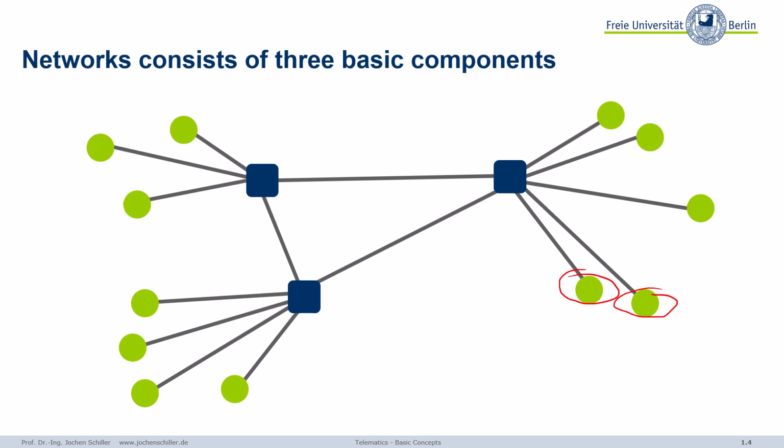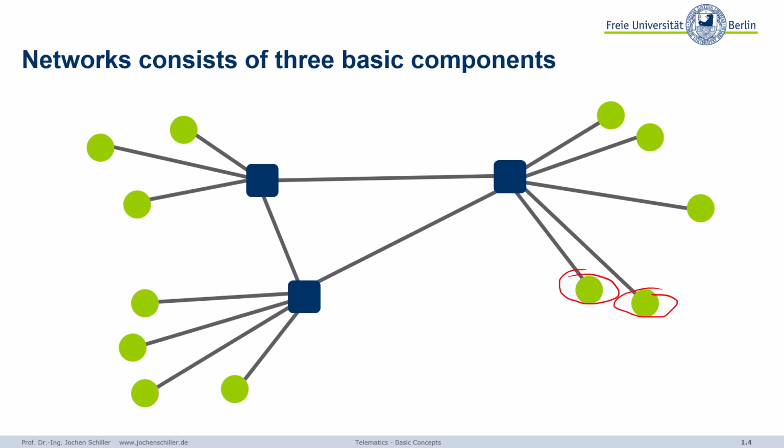This might be your mobile phone, a PC, a desktop computer, a huge mainframe supercomputer in a compute center. Maybe this is also a cloud computing, grid, whatever system. We'll discuss this. Okay, that's one of the components, so end systems.